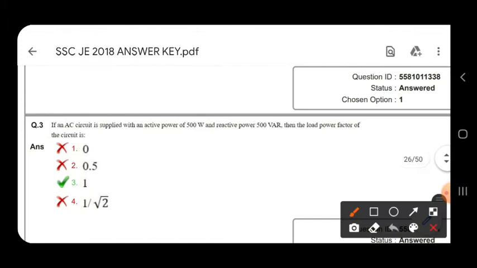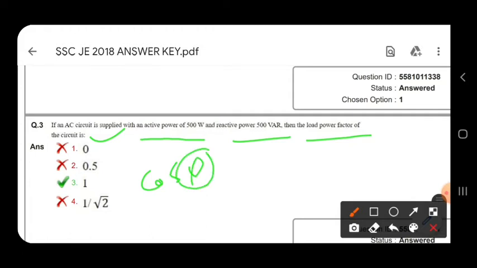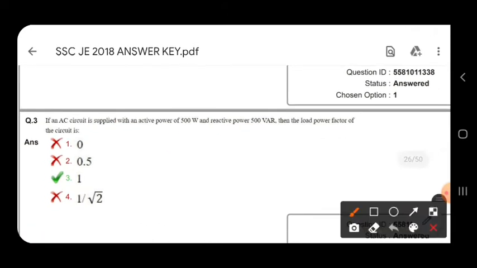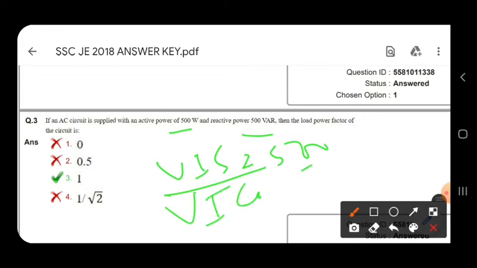Next question, friends. If an AC circuit is supplied with an active power of 500 watt and reactive power of 500 VAR, then the load power factor of the circuit is dash. So for load power factor you have to find cos phi, so you need to find the value of phi. In this question, active power is 500 and reactive power is 500. So VI sin phi equals 500 and VI cos phi is 500.